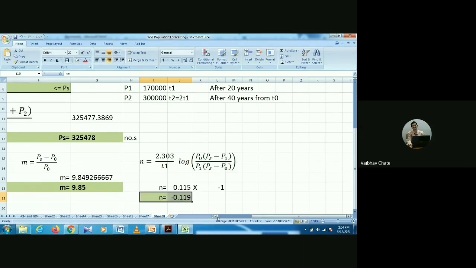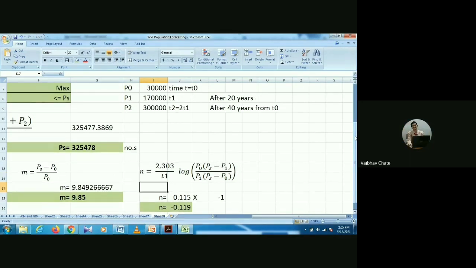Any calculator here? I want you to calculate whether the calculated value of n is correct. Yes, sir. Okay, others please check.